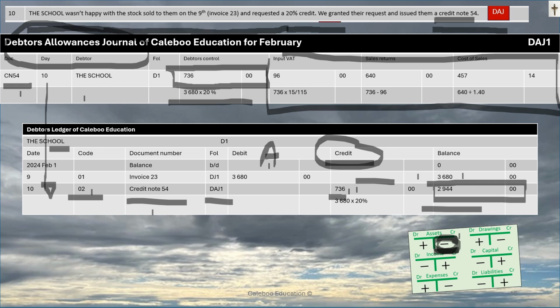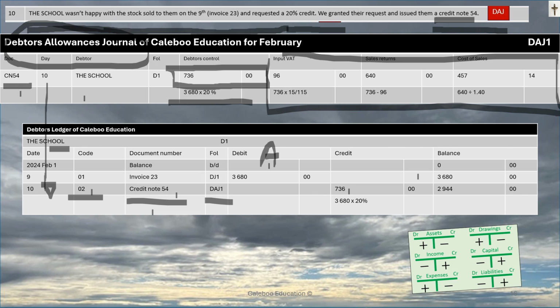And we, Caleboo Education, issued a credit note to the school and we gave them a credit. So it went under the credit column and the balance of what the debtor owed us decreased by 736.